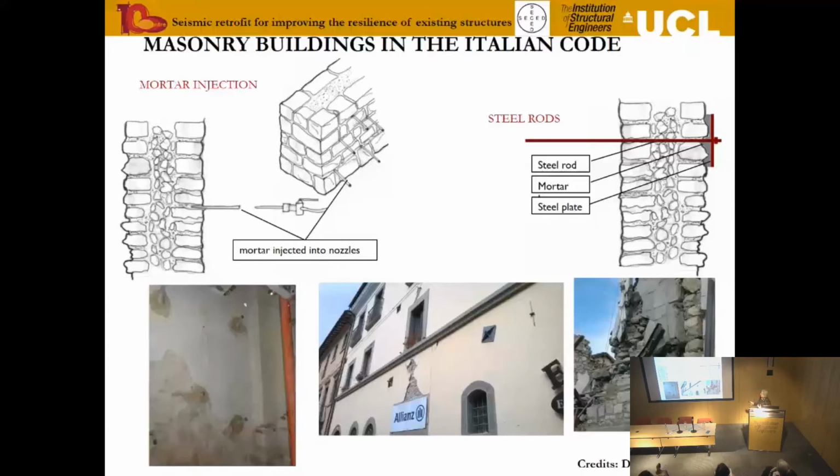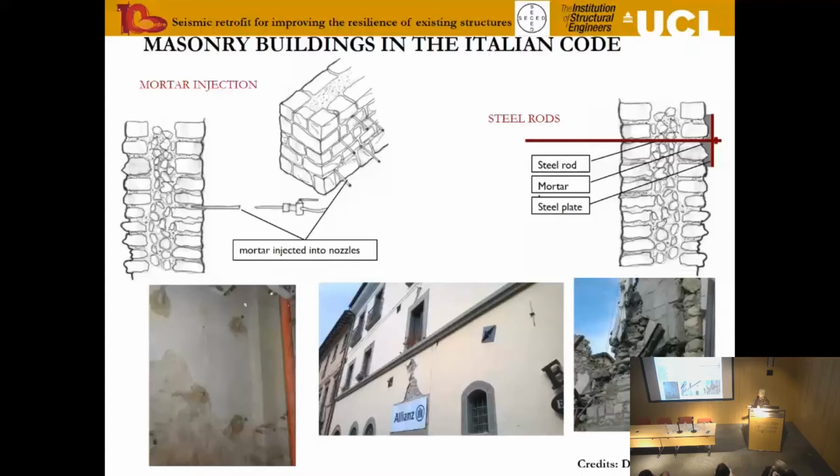So tie rods, even in a rubble wall, as you can see here, this is a case in Onna, the tie has actually been successful in preventing the full collapse of the wall. So there is very substantial damage. It's clear that that house will need to be demolished, but the tie did its job of saving it from collapsing and hence allowing people to escape the building before it fell on their heads.